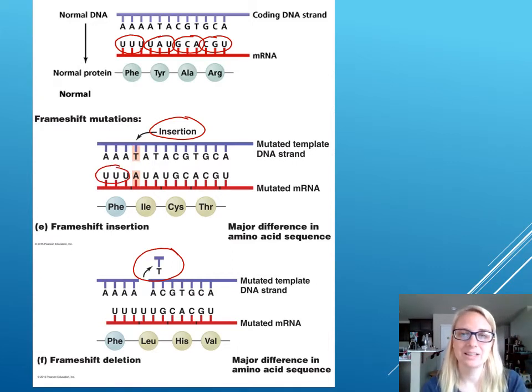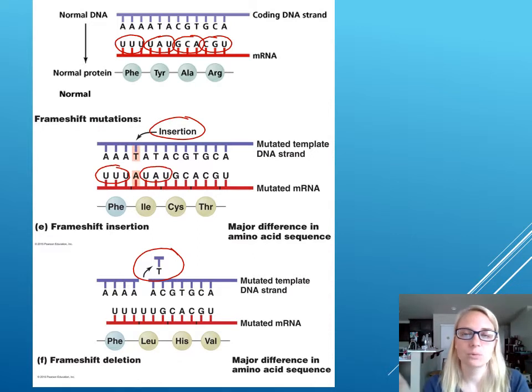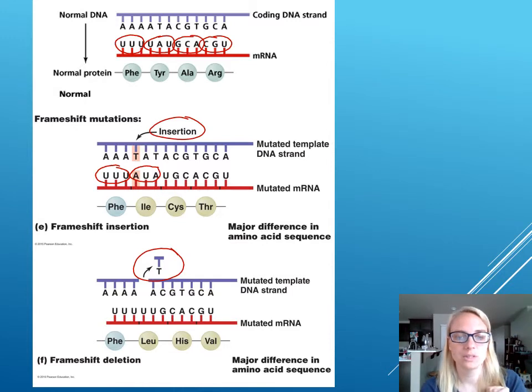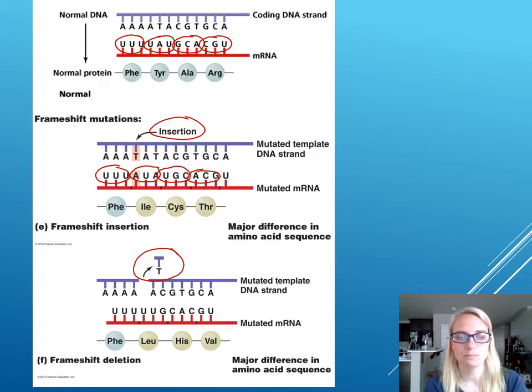But when we added in this letter, our UAU is right here. But the ribosome's not going to know to skip over that extra A. So what it does is it's just going to read the next three letters, which is AUA, and then the next three letters. And so the whole reading frame has been shifted, and it's going to bring completely different amino acids.